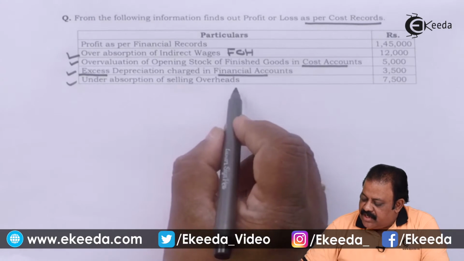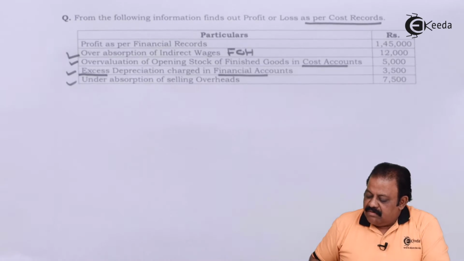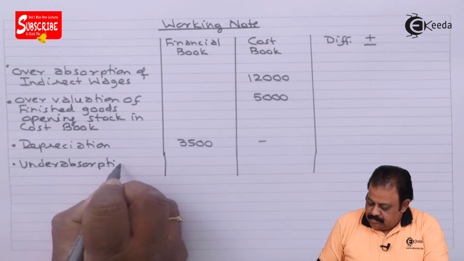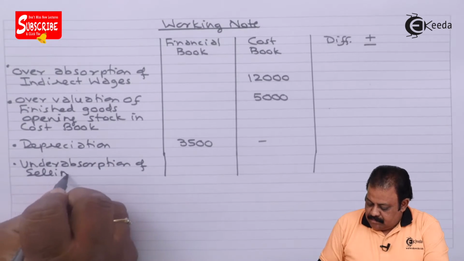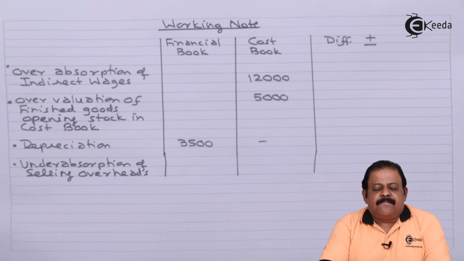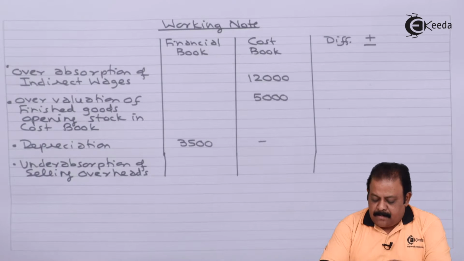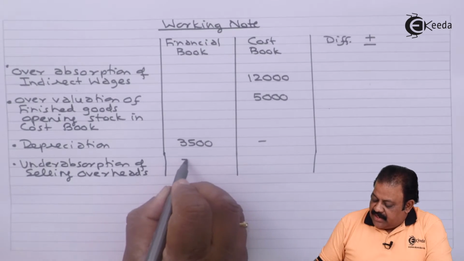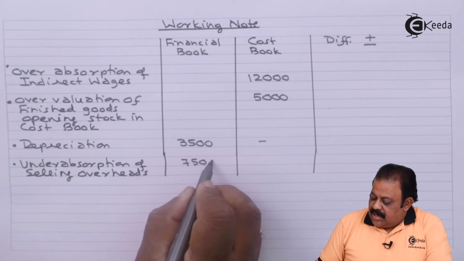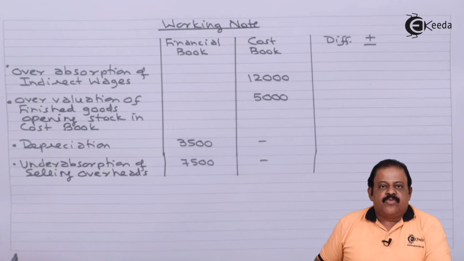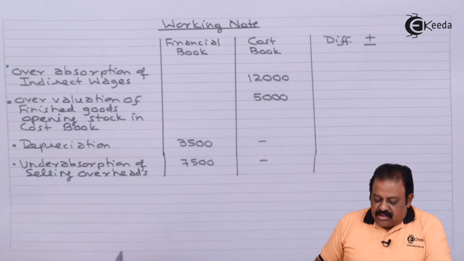Under absorption of selling overheads, 7,500. Selling overheads under absorb means taken less in cost book by amount 7,500. So we'll put this amount 7,500 in financial book. That means this expense is there in financial book, but it is not there in cost book. Now we have considered all the items.